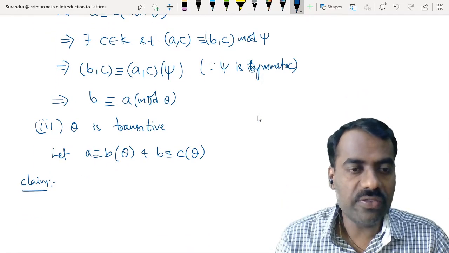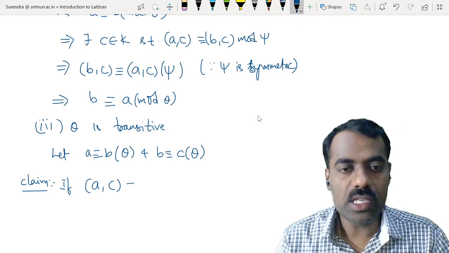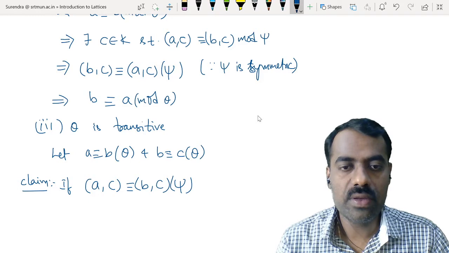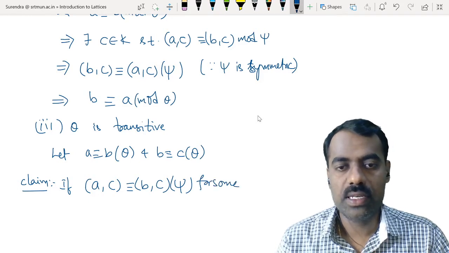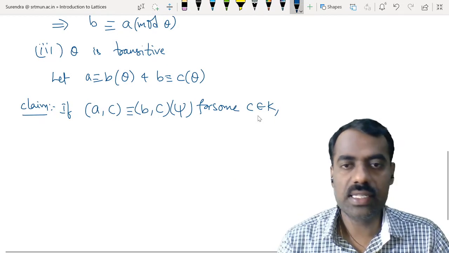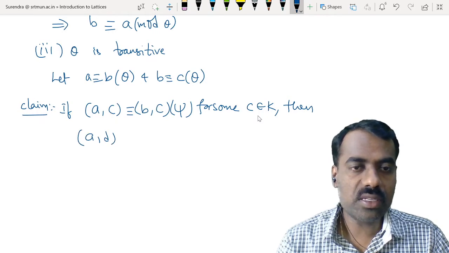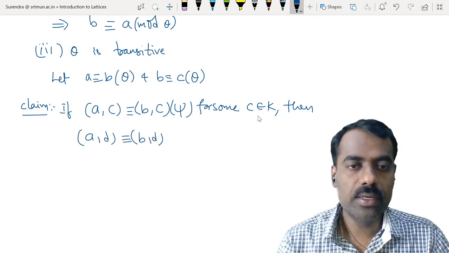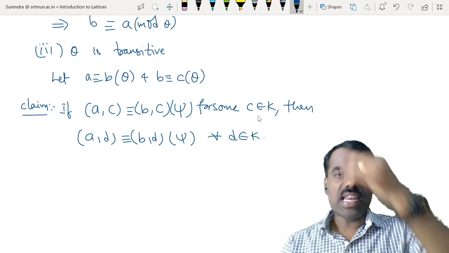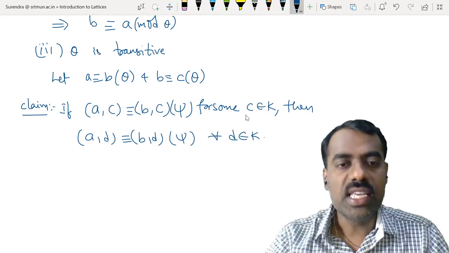So our claim is: if A comma C is congruent to B comma C modulo psi for some C in K, then A comma D is congruent to B comma D modulo psi for every D in K. That means if this relation is true for one element, then it is also true for each and every element.